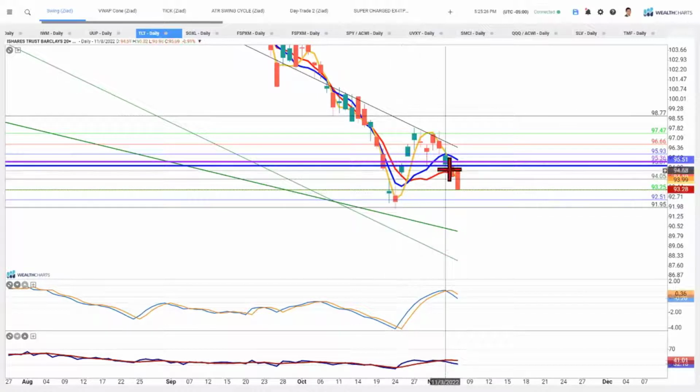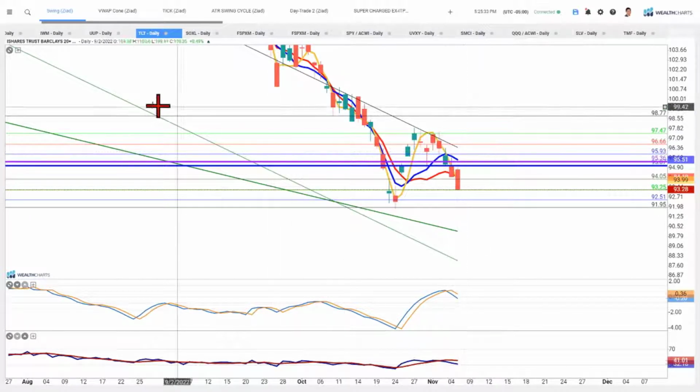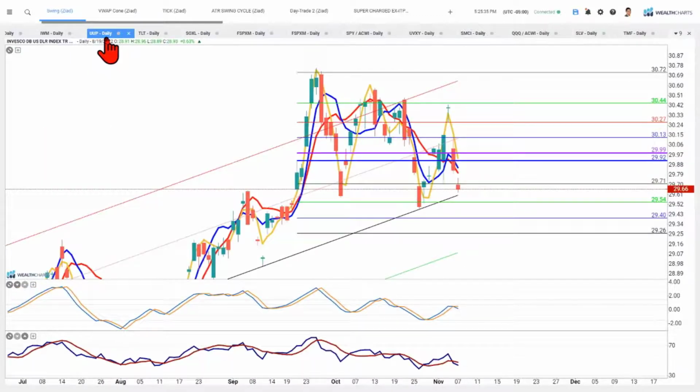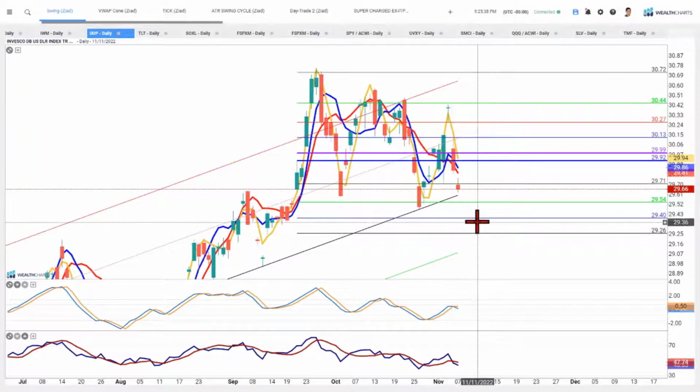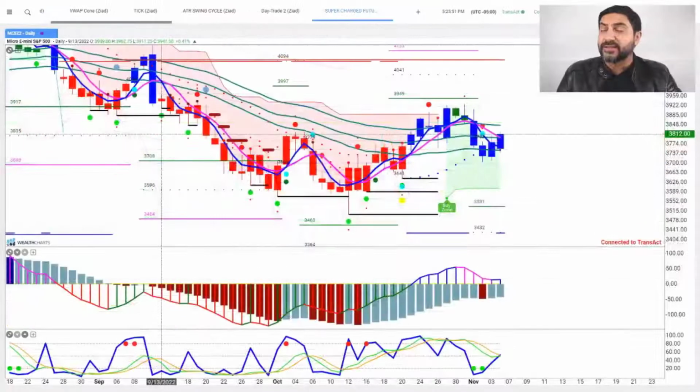So the risk to the downside on the long bond does suggest that yields go up. Typically when yields go up, well, the dollar tends to give us bounces, so a dead cat bounce on the dollar would not be strange. This can keep a ceiling on things like silver and gold in the near term until we've got data that says otherwise or technical behavior that supports it otherwise as well.